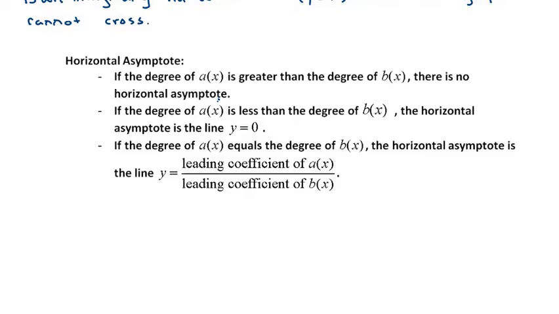So horizontal asymptote is an imaginary line, y equals a number that the graph cannot cross.